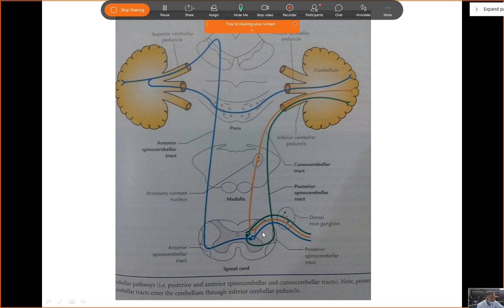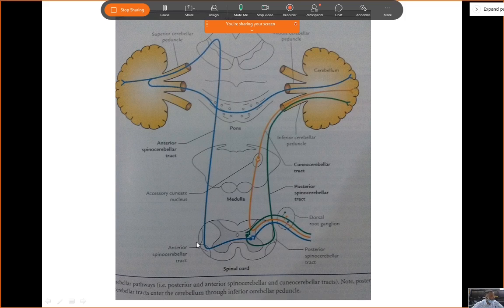In the case of the dorsal spinocerebellar tract, as I have said already, the ventral spinocerebellar is on the ventral aspect and the dorsal spinocerebellar tract is on the posterior aspect. The ventral or anterior spinocerebellar tract is from the opposite side, while the dorsal spinocerebellar tract is from the same side and relays into the same side of the cerebellar hemisphere.